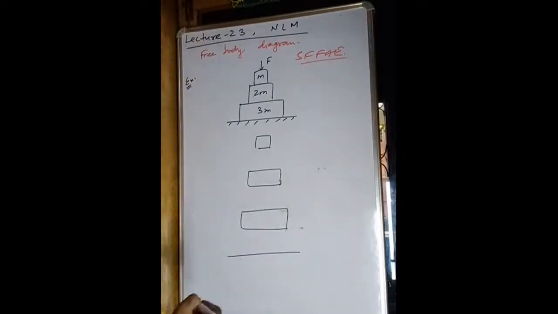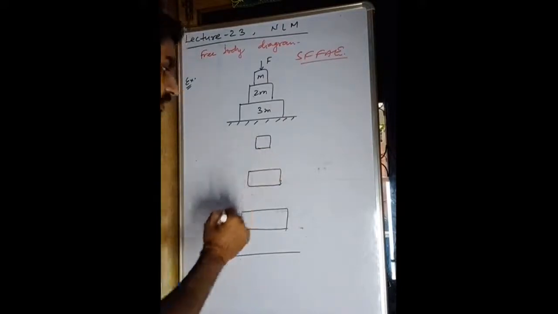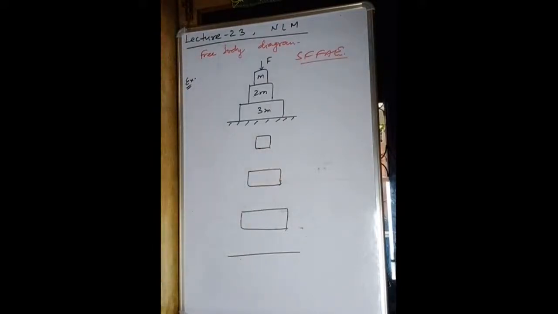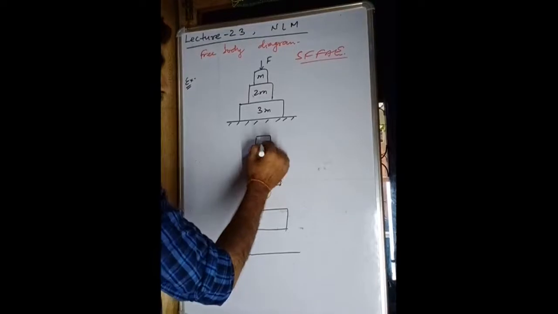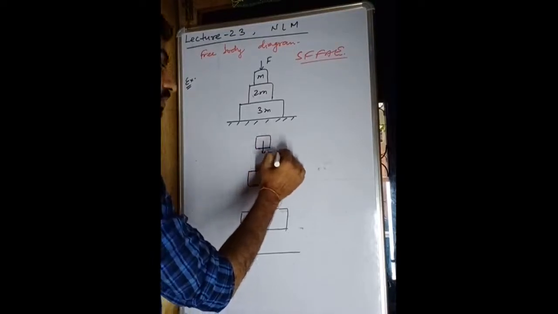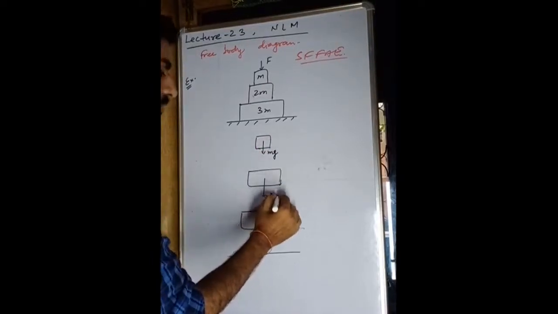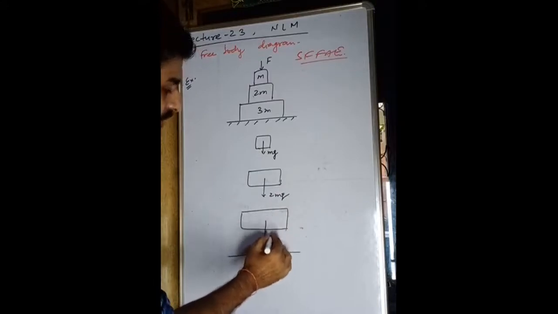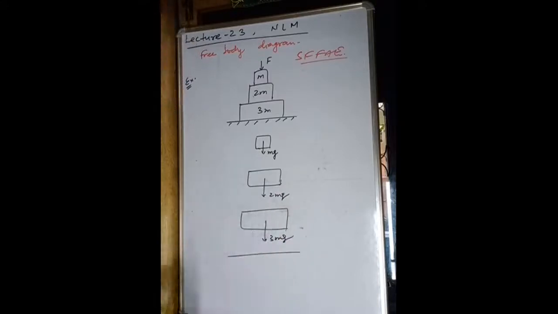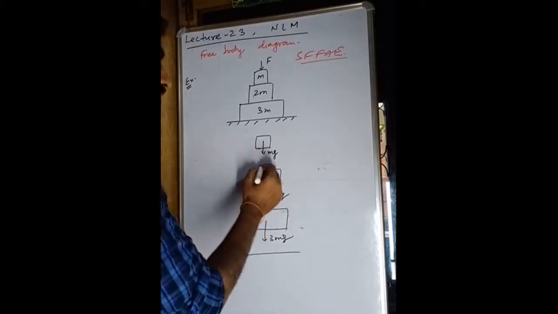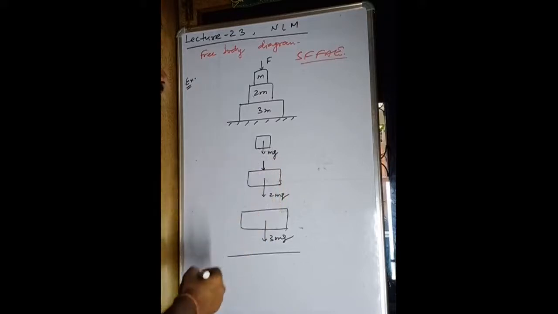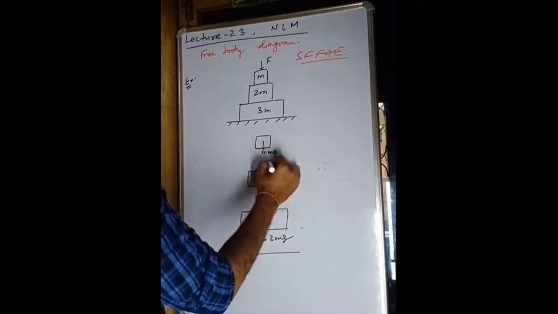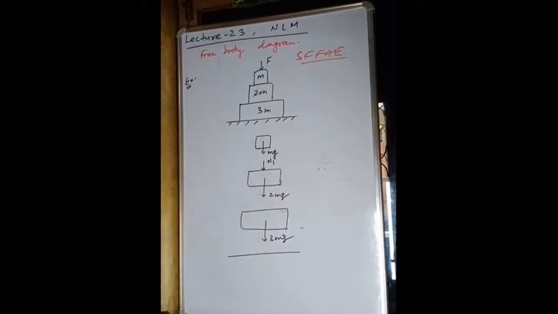As I told you, first represent the weights: mg, twice mg, thrice mg. Now, this weight acts over this body, and suppose the normal force is N1.